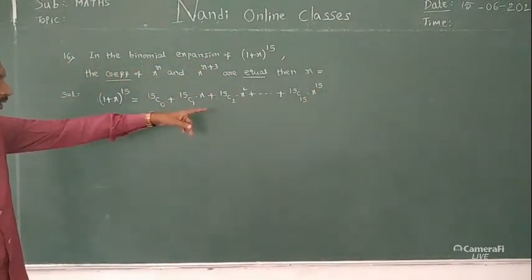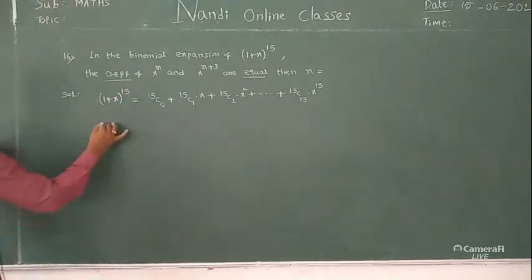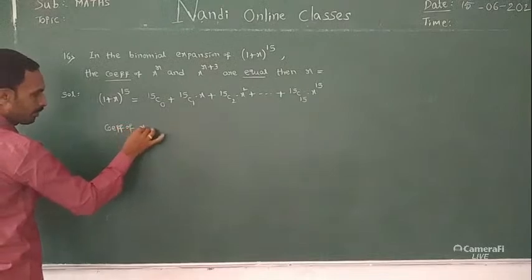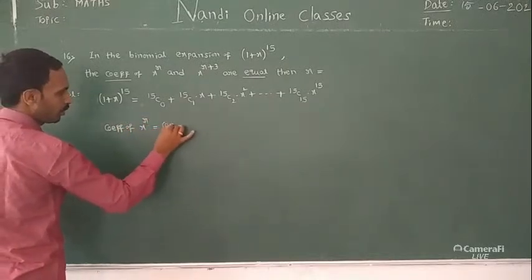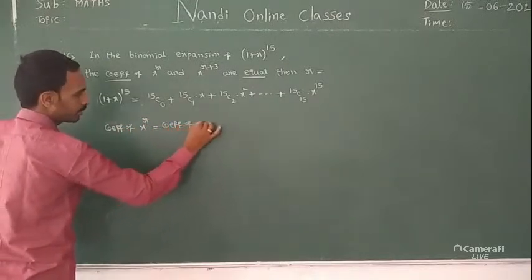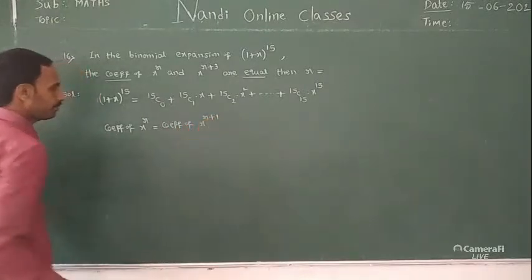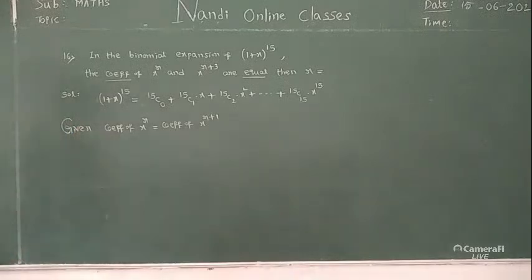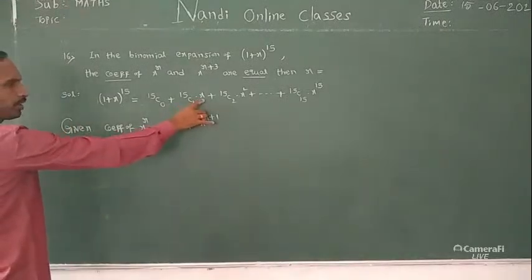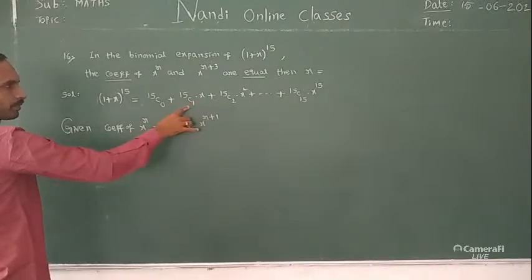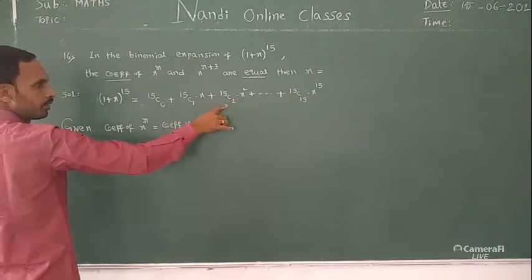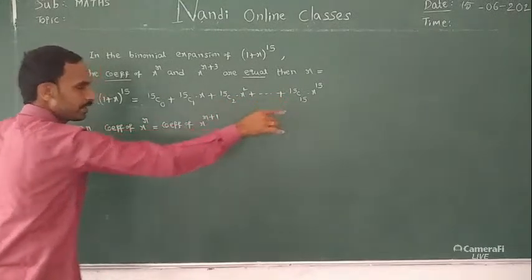By observing that, they said coefficient of x power r is equal to coefficient of x power r plus 3, this is the given condition. See, what is the x coefficient? 15C1. X power 1 is 15C1, x square is 15C2, x power 15 is 15C15.